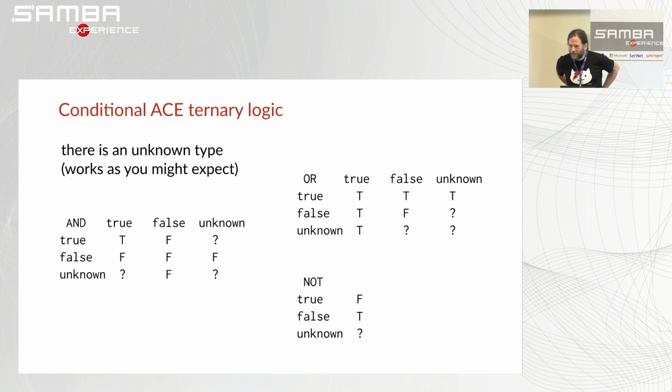And it mostly works how you'd think. If something's true, it survives being ORed against an unknown, because the worst case is it'd be ORed against a false. So it stays true. Whereas you have to have two trues to be true through the AND. And of course, as everyone knows, NOT unknown is still unknown.